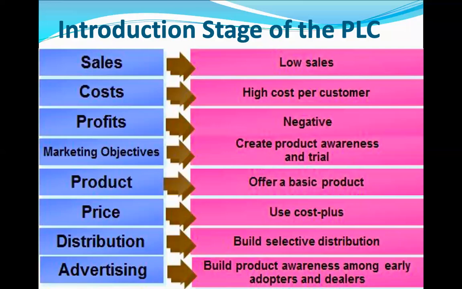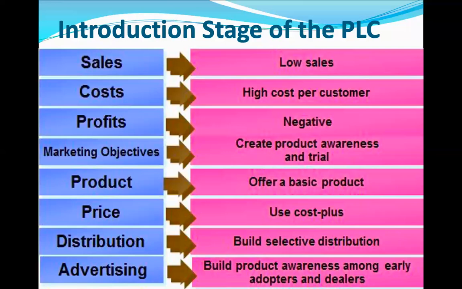What should companies do with regard to their products at this stage? They should offer a basic product. Don't offer a product with complex and extensive features, because the product itself is not yet known. Just let the product serve its core function without any complex features. At this stage, what should be the pricing strategy?